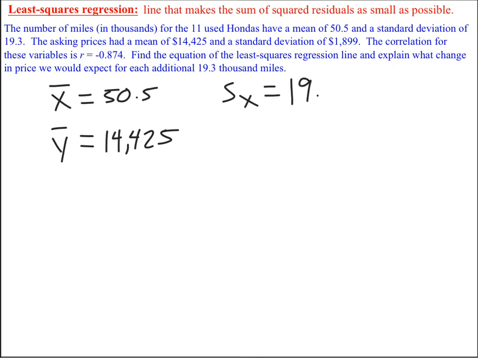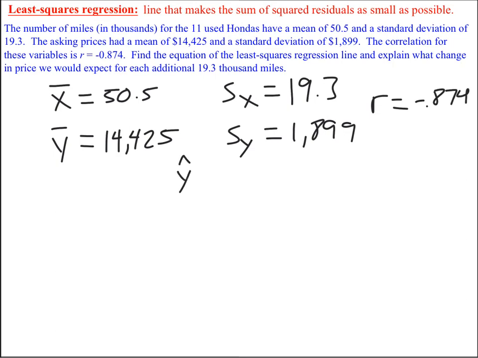Standard deviation of x was 19.3. Standard deviation of y is 1,899. And then it threw in there that r was negative 0.874. No data, just those measurements. It is enough to get the slope and the y-intercept from that info.